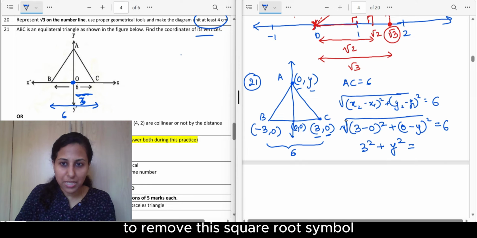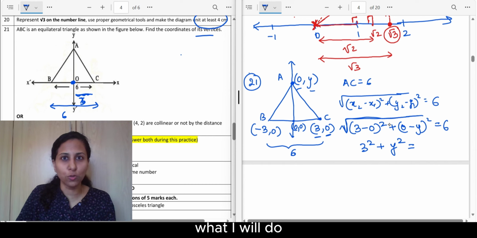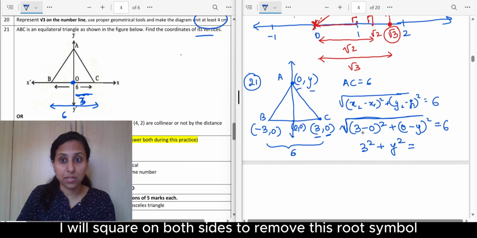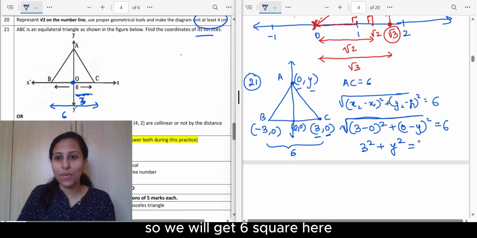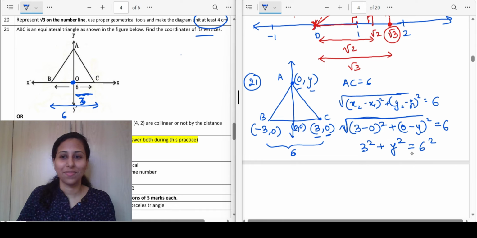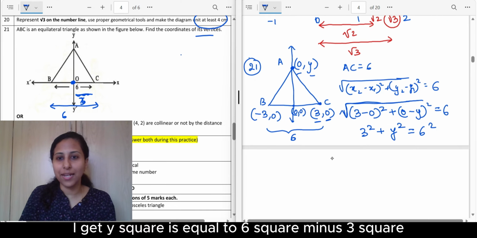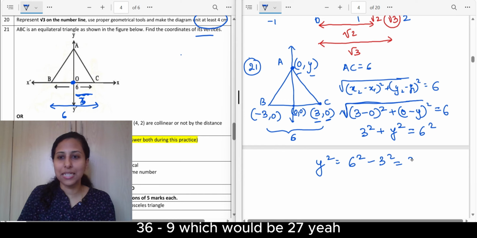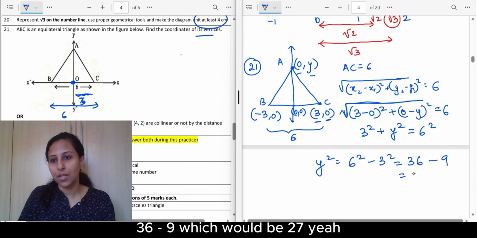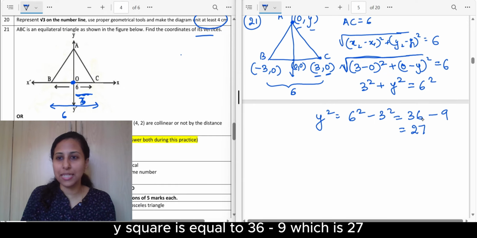To remove this square root symbol, what will I do? I will square on both sides to remove this root symbol. So we will get 6 square here. This way I get y square is equal to 6 square minus 3 square, 36 minus 9, which is 27.